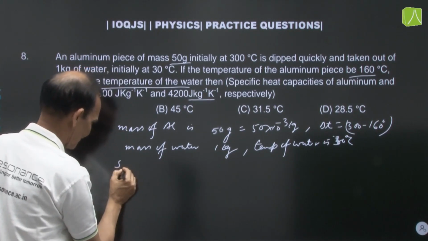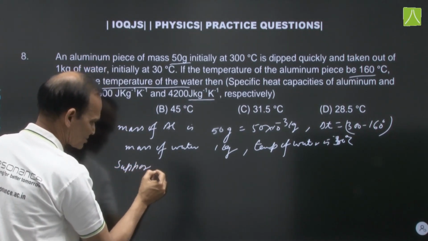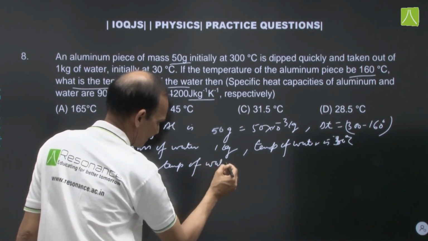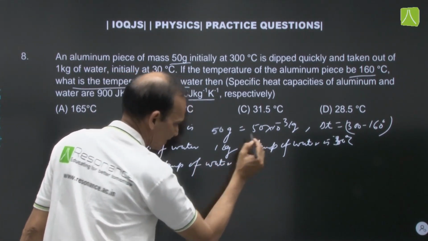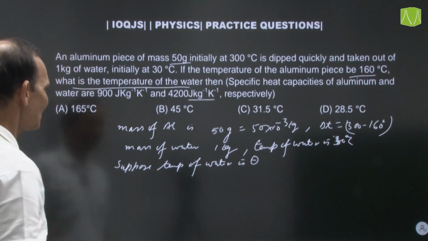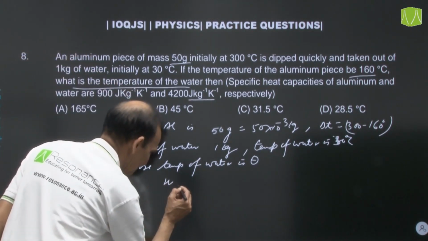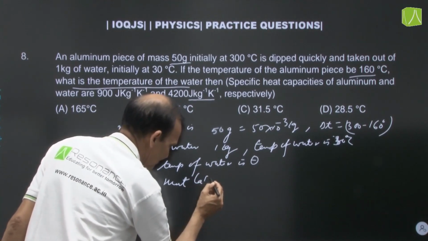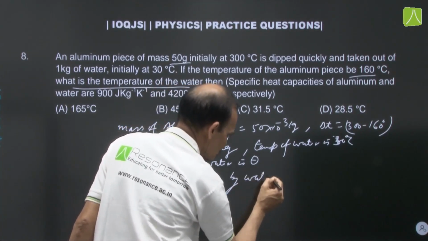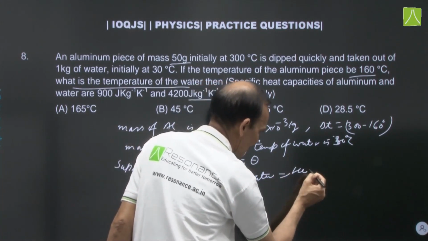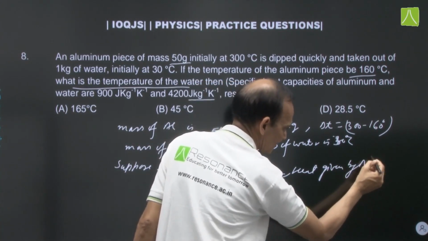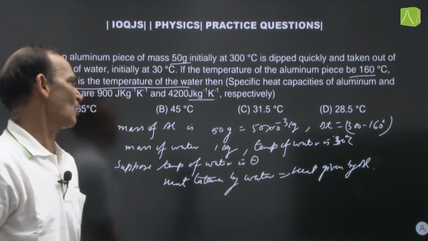Suppose the temperature of water is theta. When the aluminium piece is dipped in water, heat taken by water is equal to heat given by aluminium, by the law of mixture.